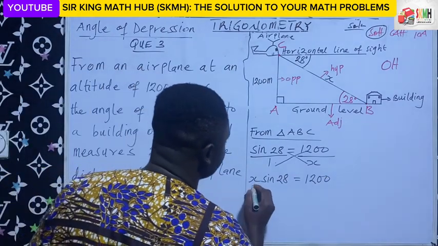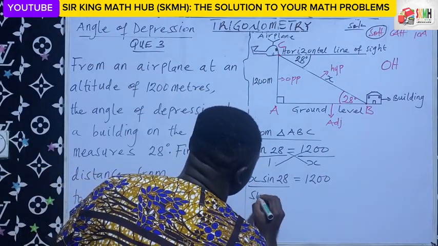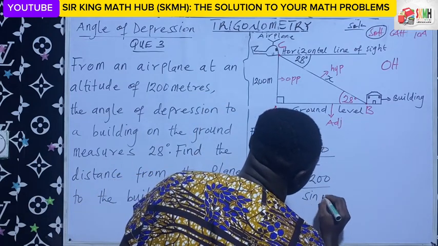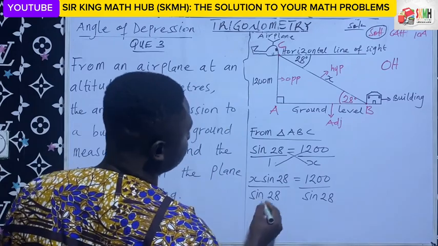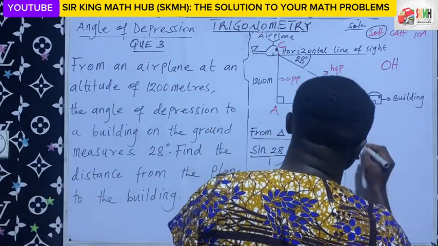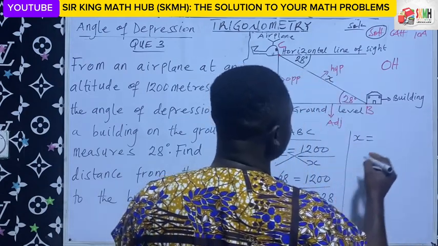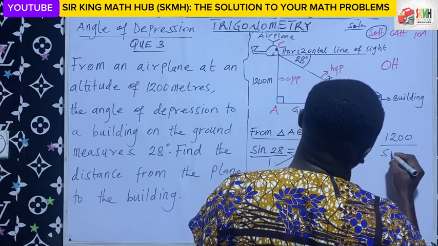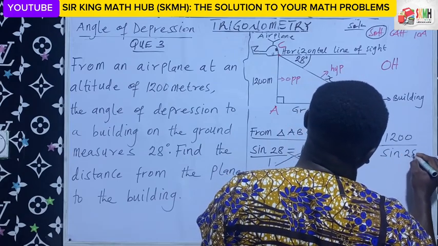We are looking for x, so we can divide both sides by sine 28. So sine 28 will cancel out, leaving x is equal to 1,200 divided by sine 28.